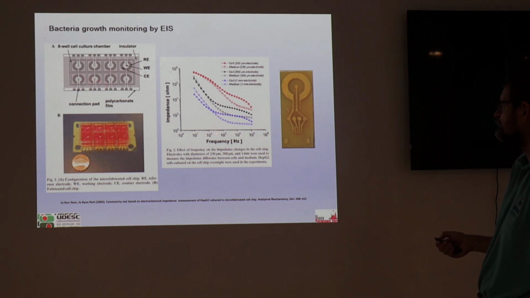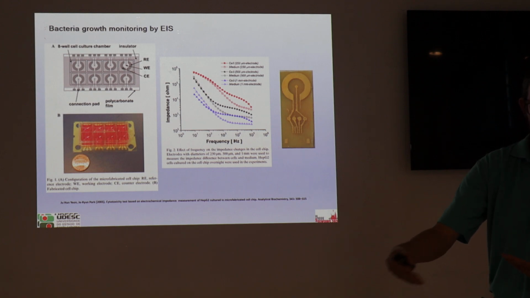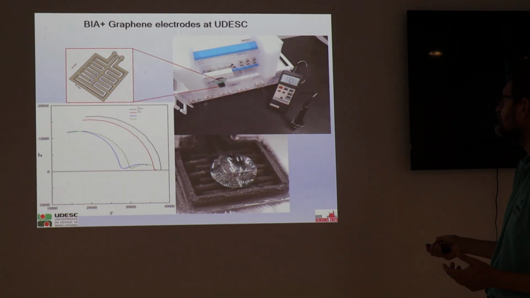And then we apply frequency, we calculate the impedance spectra, that's the impedance modulus, that's the frequency. So the size of the cells, look, the size 250, 500, 1 millimeter. Depending on the size of the cell, the spectra changes as well, because the interaction with the electric field changes. Okay?